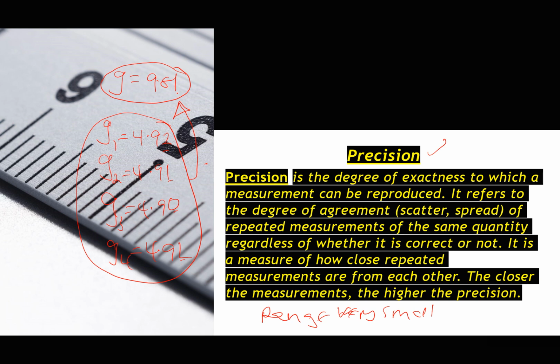So the values obtained by the student were very precise because they were very close to each other. The range was very small. Unfortunately, their average would not even give us the true value. Therefore, we say, yes, they were precise, but they were not actually accurate.